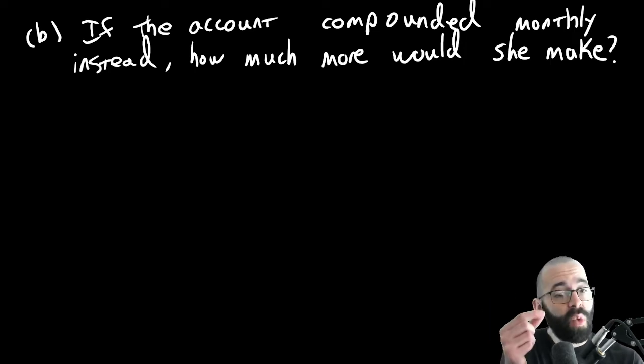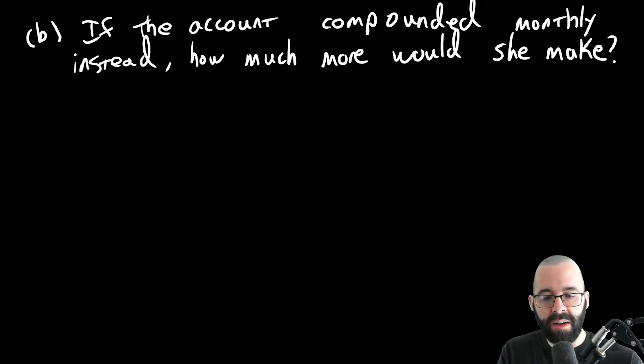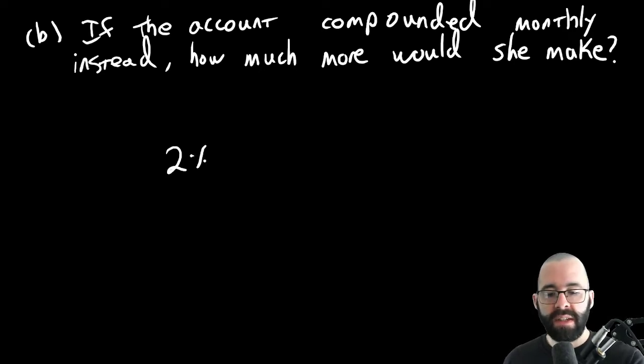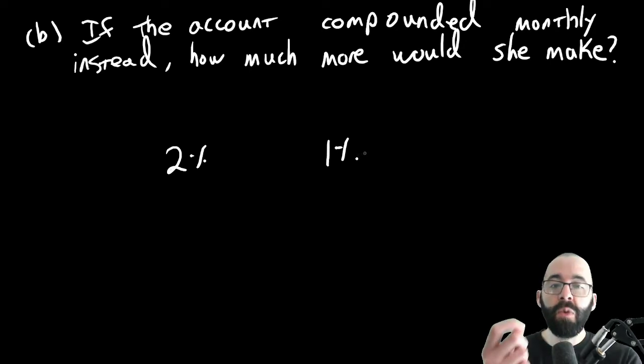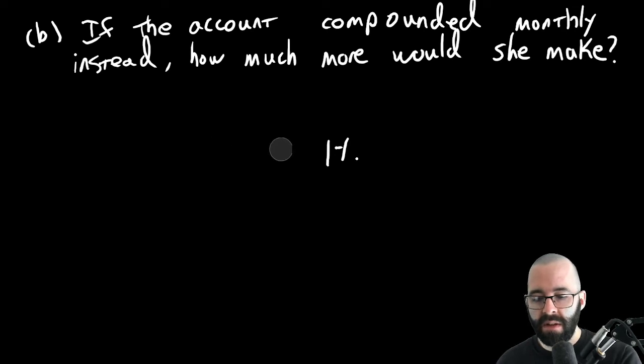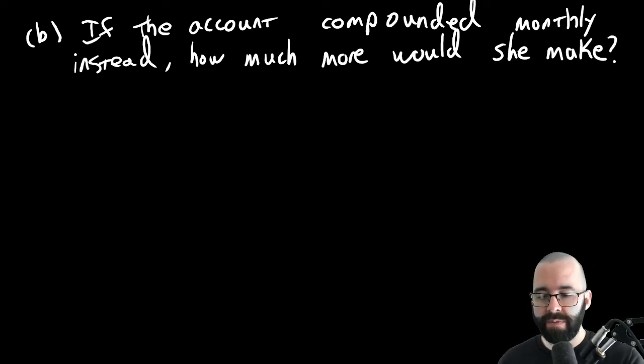But if it's compounded twice, like here, the difference between 2% once a year and 1% twice a year: 2% once, you only get the 2% on the principal. 1% twice, you get 1% on the principal, and then another 1% on the result. So you get 1% on the interest you've already acquired as well. That's why the more frequently it compounds, the better it's going to be for you.